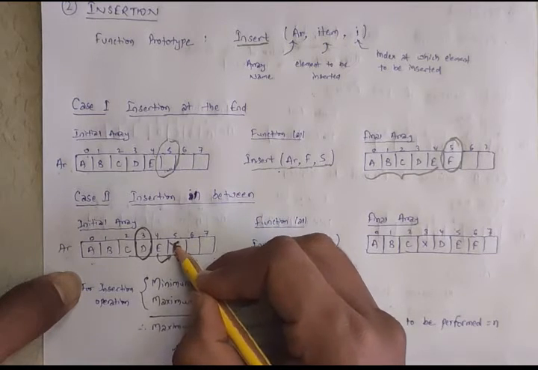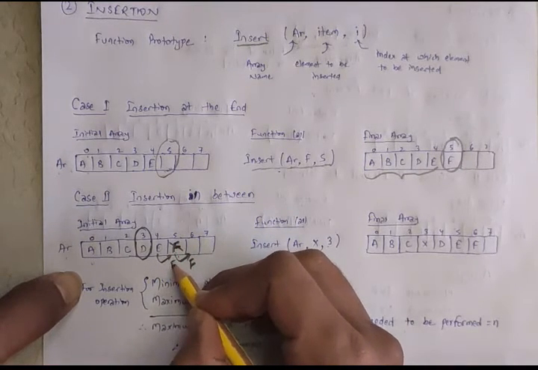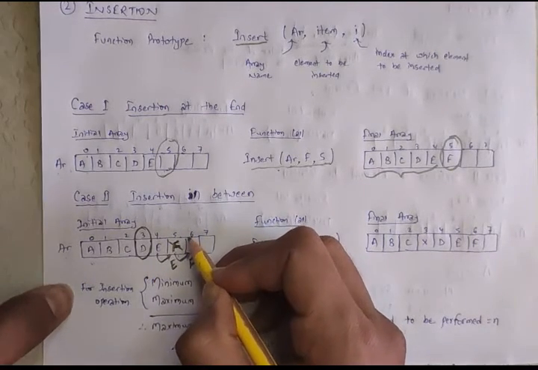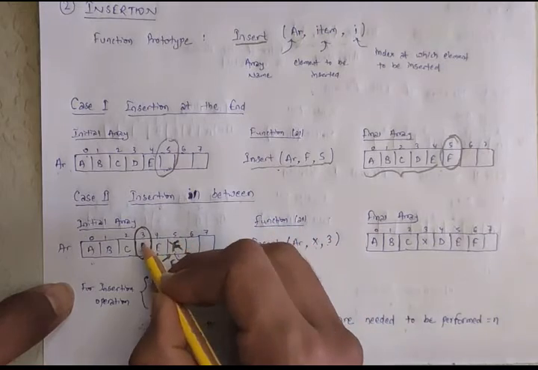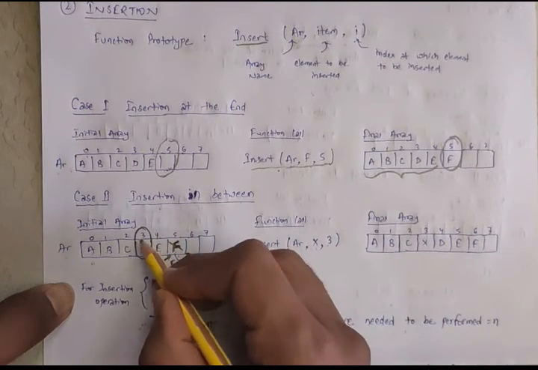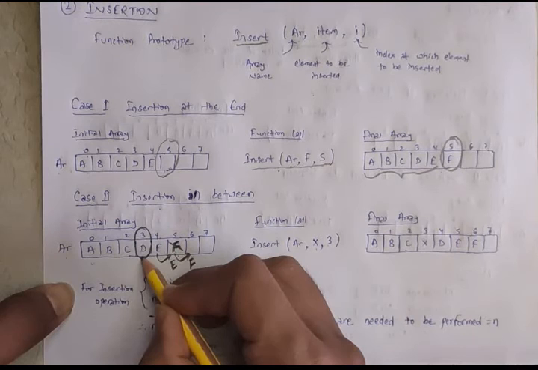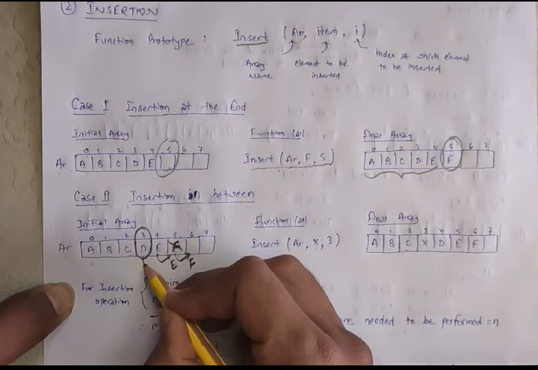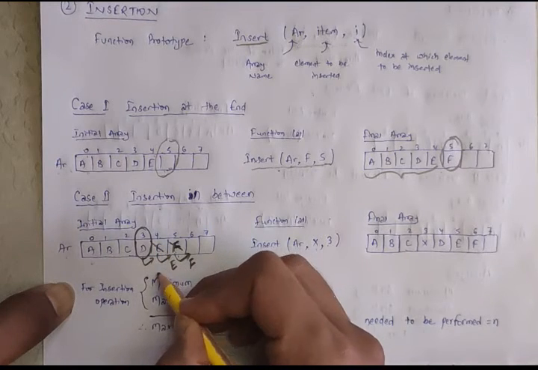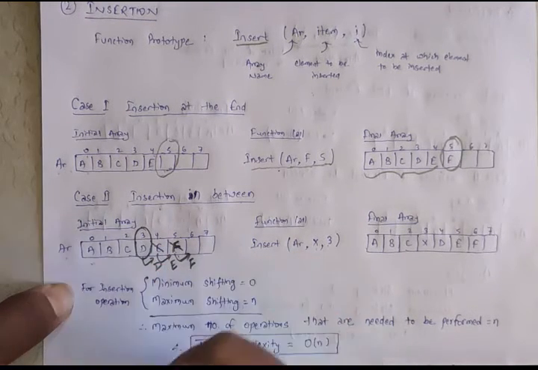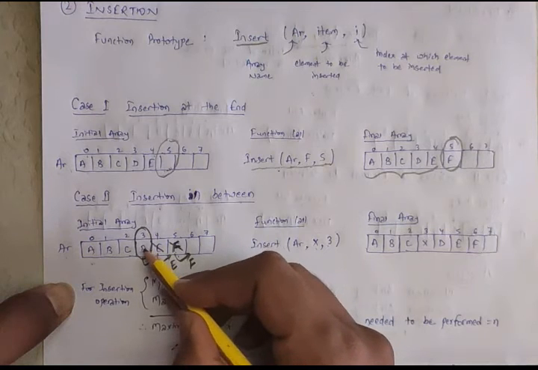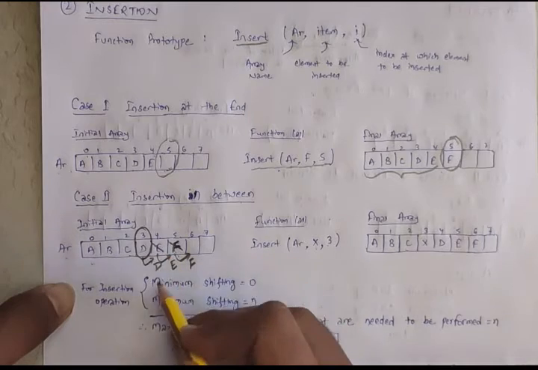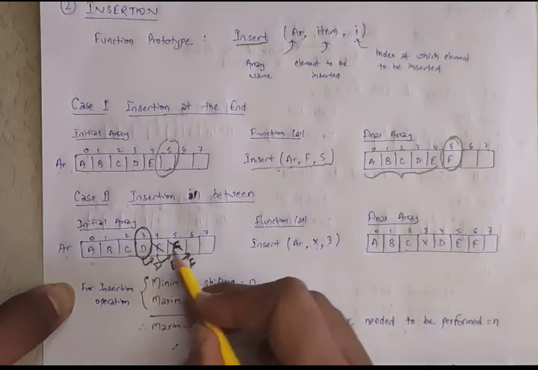So now F is gone and E is stored here. Starting from the end, we go till the index at which we need to insert. So we go till 3 because we have to vacate this place. So we move D also. Now D is stored here, but the old D is redundant because D has already been stored here. So D, E, F are shifted one place.